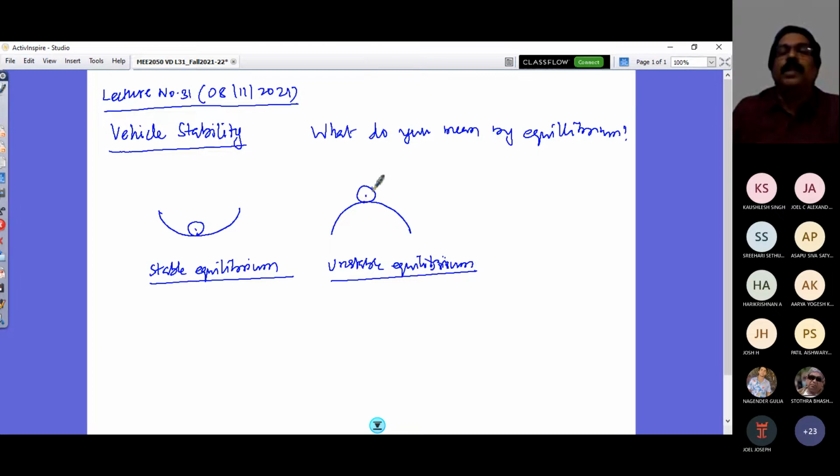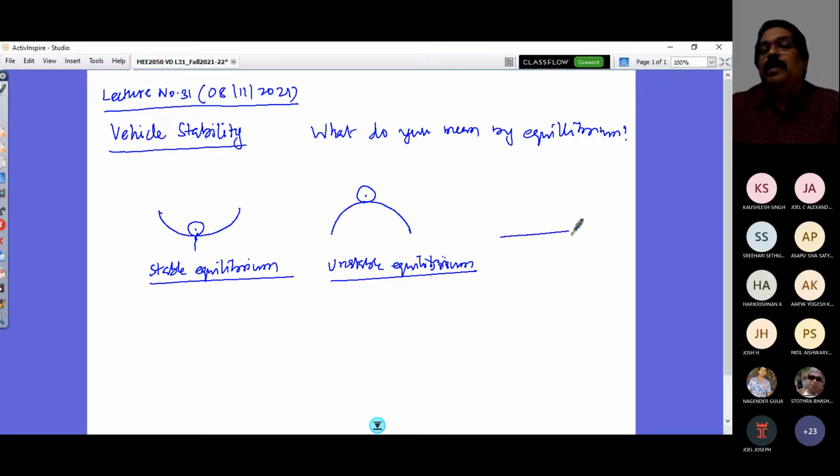A small disturbance acting on the sphere would change its state from this position, and it cannot get back to the equilibrium point. Here this contact position is its equilibrium, but a small disturbance will take your system away from the equilibrium state, and that is called an unstable equilibrium.